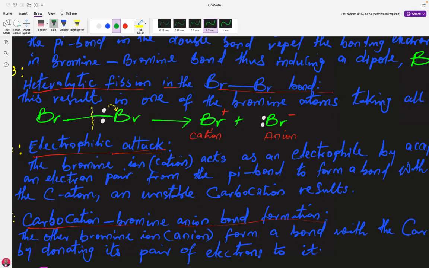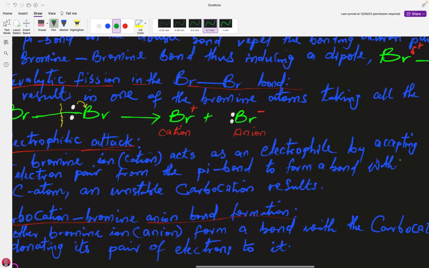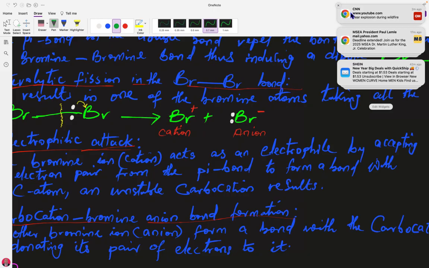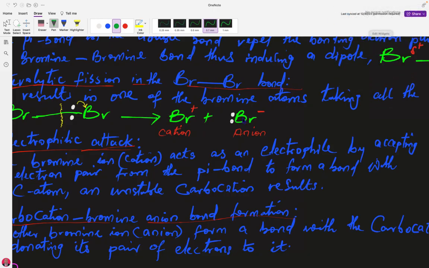You can now explain. The bromine ion, which we call the cation, acts as an electrophile by doing what?